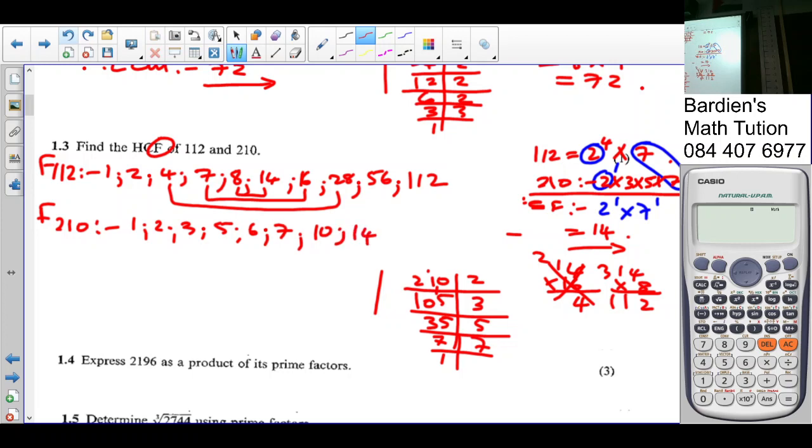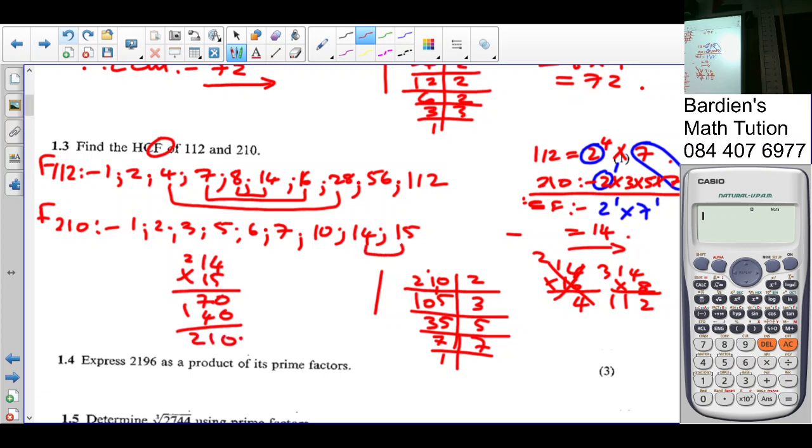Okay, let's just find the middle here first. Then we need another one. 15. So 14 times 15 is 210.